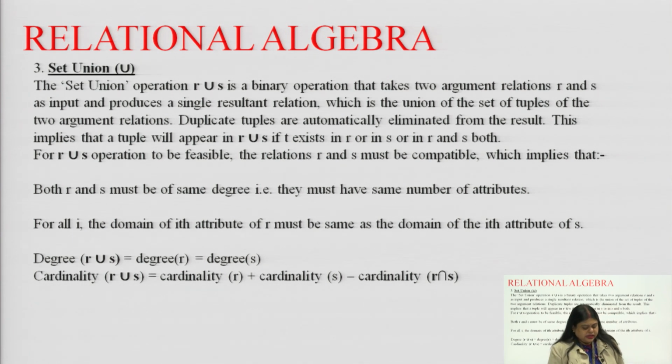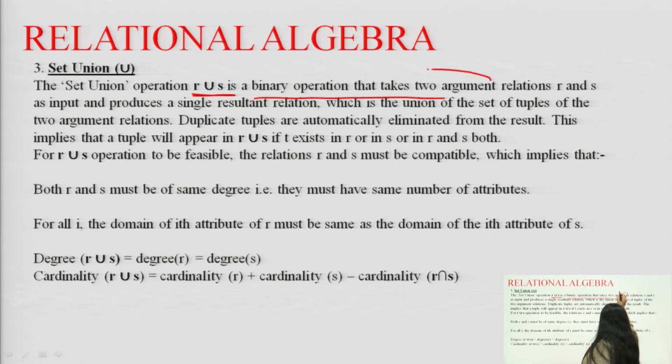Now, this is known as the set union operation, where we are going to combine two different relations, and there are certain things that we need to take care of before we start. It says that the set union operation between two relations R and S is a binary operation that takes two arguments, the relation R and the relation S, as input and produces a single resultant relation.